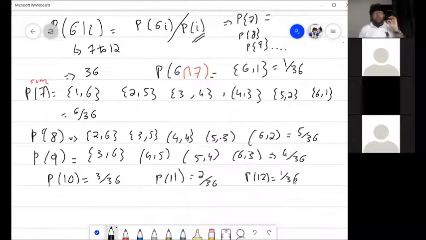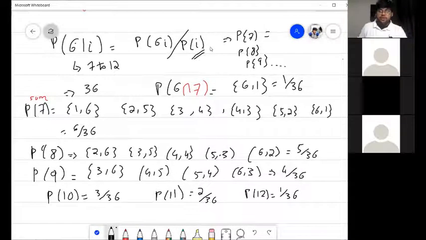Now, the only thing we've done so far is that we figured out what are the possible values that this can have, separately, right? And we figured out the probability of you getting a 6 and a sum of 7, which basically implies you getting a 6 and a 1.